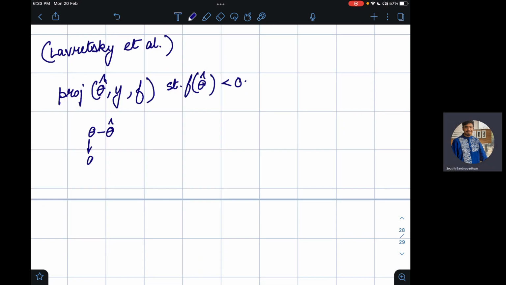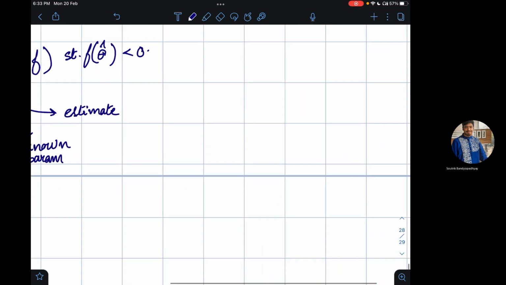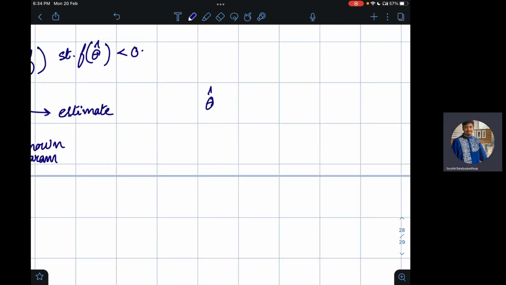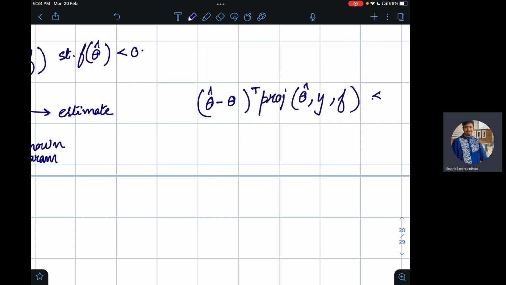And if theta is the original unknown parameter, and theta hat is the estimate, then theta hat minus theta transpose the projection theta hat y and f is negative.